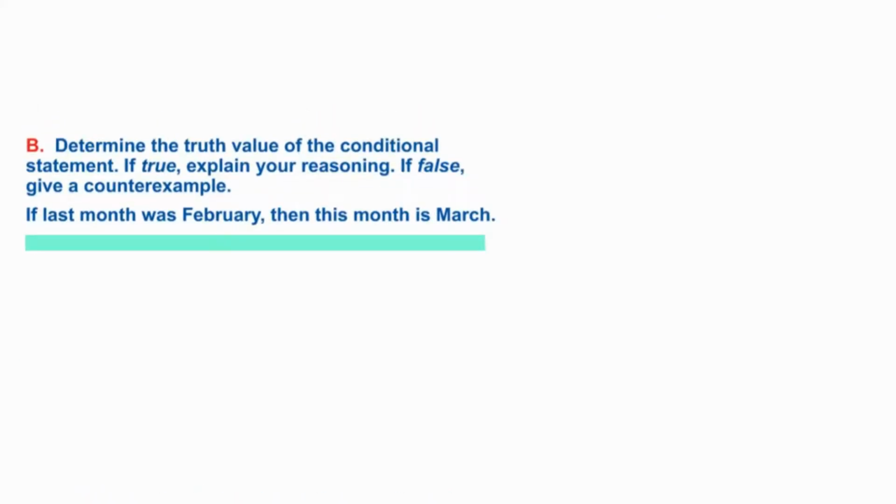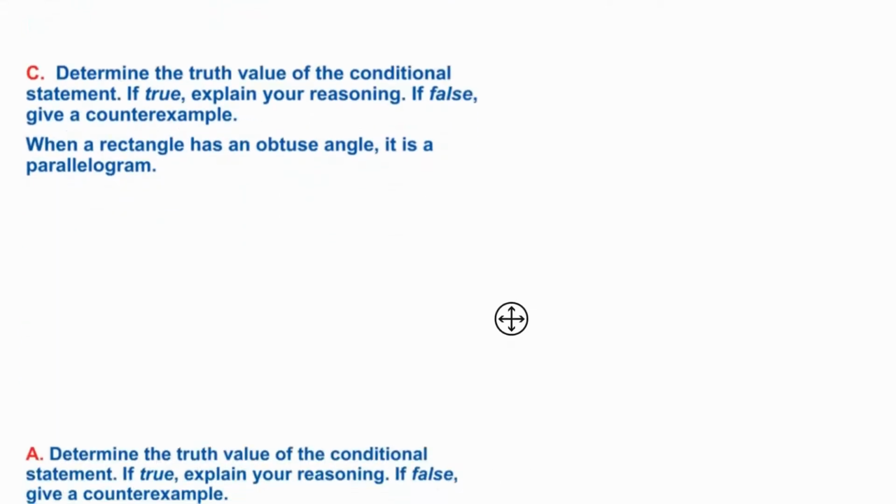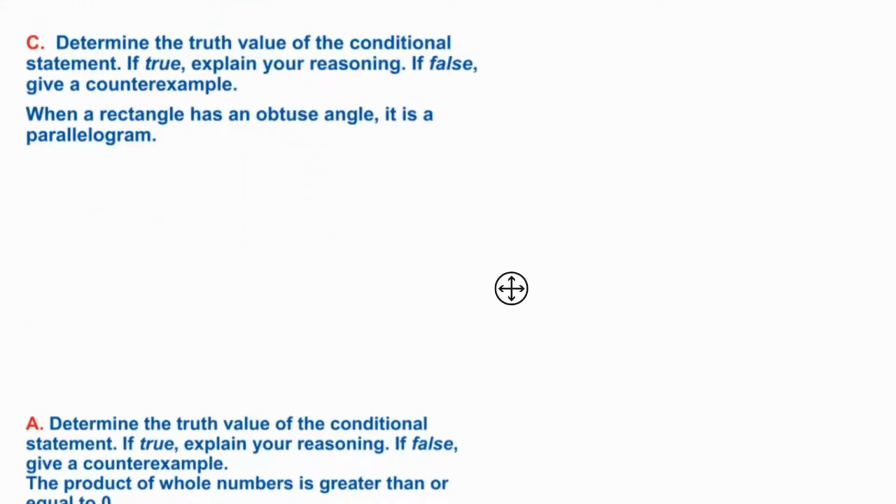If last month was February, then this month is March. Well, March does follow February, so this is a true statement. When a rectangle has an obtuse angle, it is a parallelogram. Well, the hypothesis is a rectangle has an obtuse angle. Can this ever happen? What type of angles does a rectangle have?